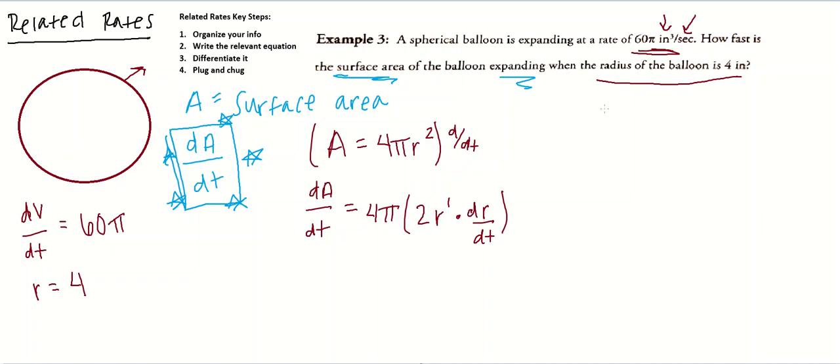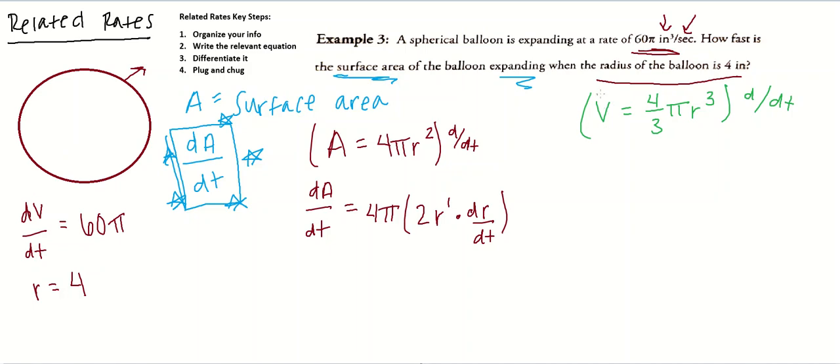So over here, I'm just going to write the equation for the volume of a sphere. So the volume of a sphere is 4/3 pi r cubed. So you might be wondering why I did that. Well, okay, just bear with me for a second. If I were to take the derivative of this volume equation with respect to t, what would I get?